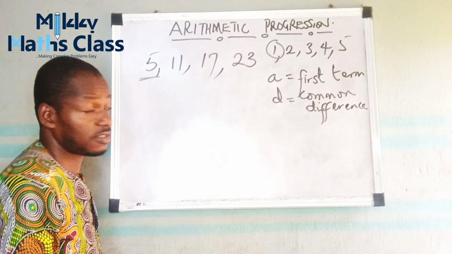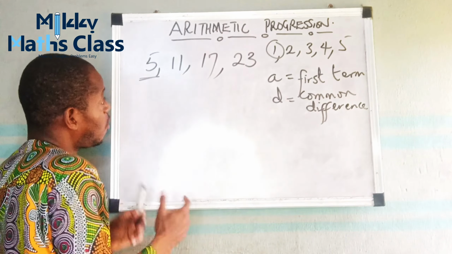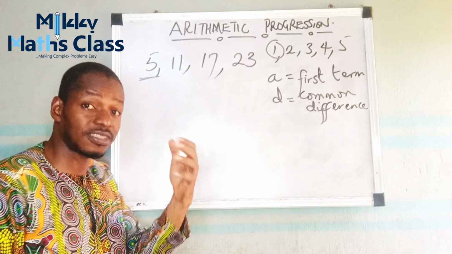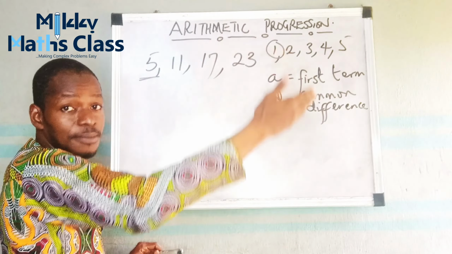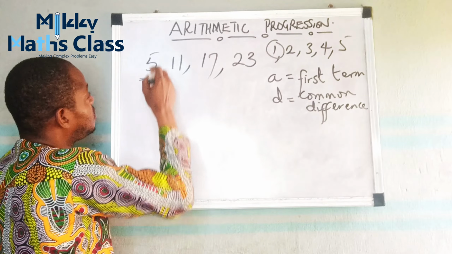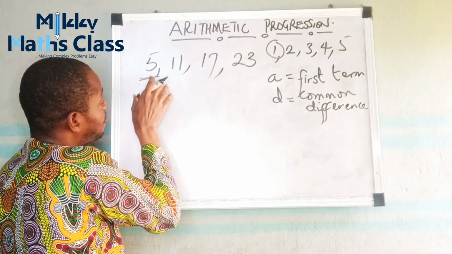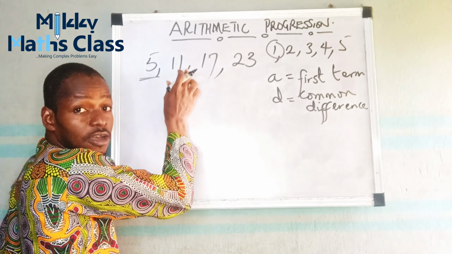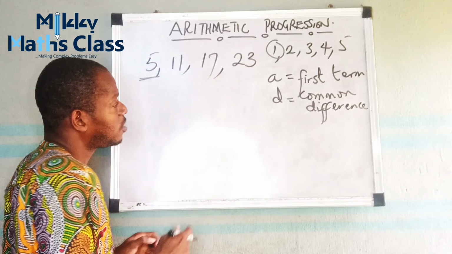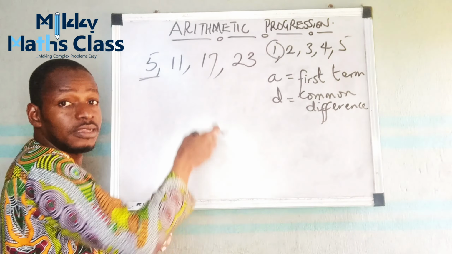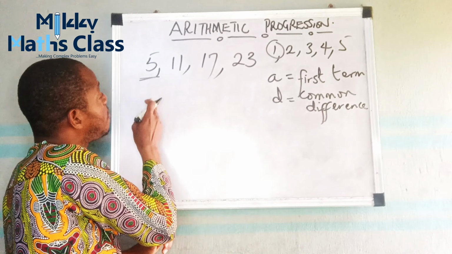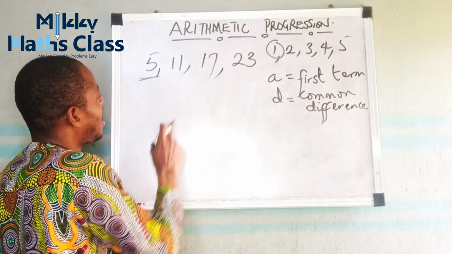And what do we mean? For us to get the common difference, that's the constant we are talking about, the constant we are adding to get the subsequent term. This is the first term of the AP, this is the second term, this is the third term. So the common difference is gotten by subtracting the first term from the second term.